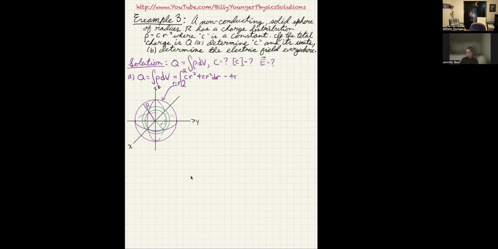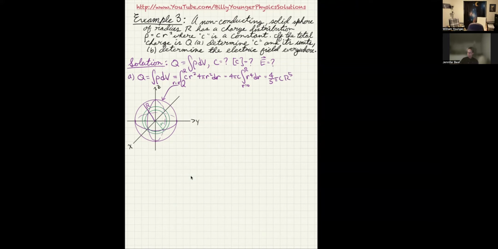That's going to be 4 pi c times the integral. Now I have r to the fourth left, dr from r equals 0 to big R. That's going to give 1/5 r to the fifth. So our answer is 4/5 pi c R to the fifth.